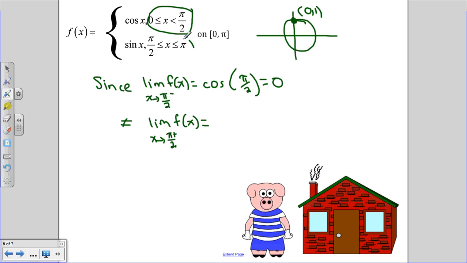And then we're looking at this side, pi over 2 to the right. So I plug it into my sine function. Sine of pi over 2 equals 1. So since this is not equal to this, f of x is not continuous.